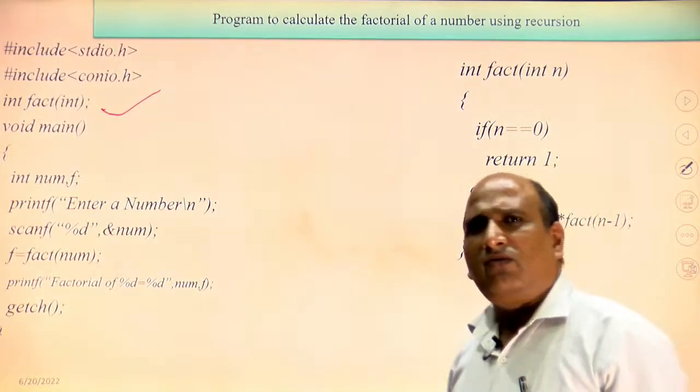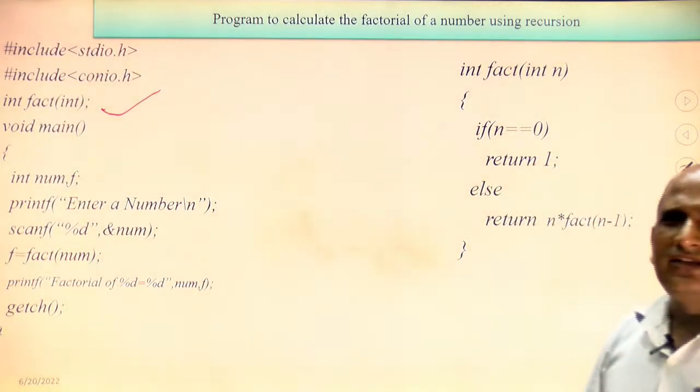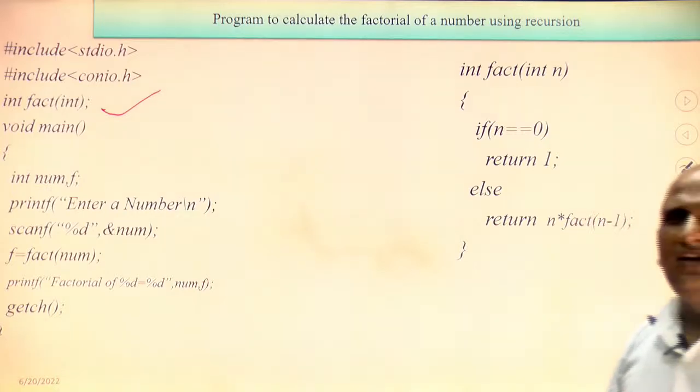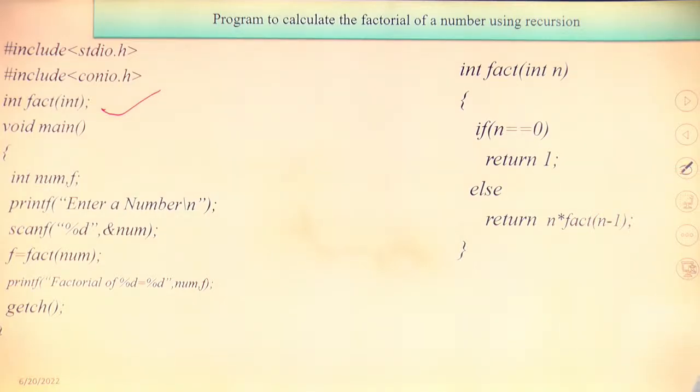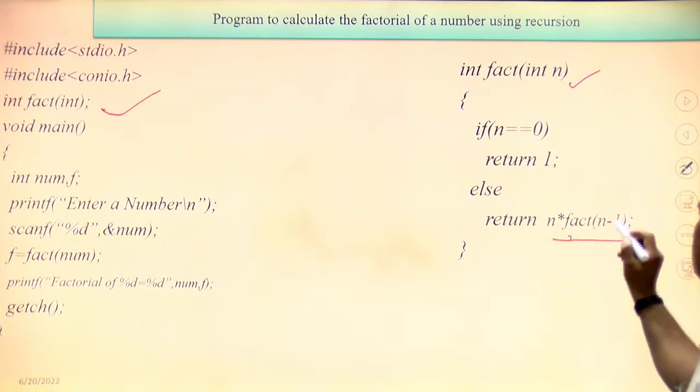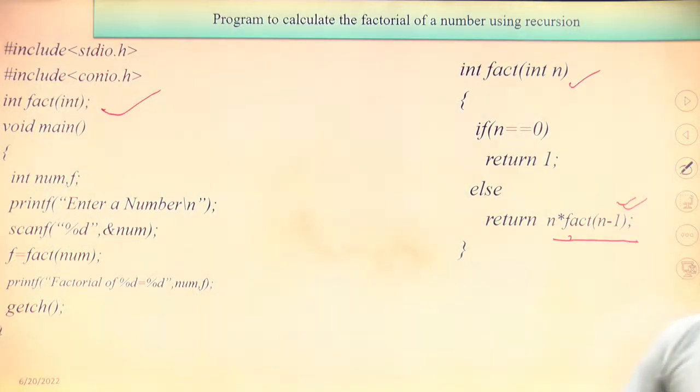If n equals 0, it returns 1, otherwise it returns n into fact(n minus 1). Here you can see that this fact function is calling itself with a smaller value within its body, and this is the recursive calling.